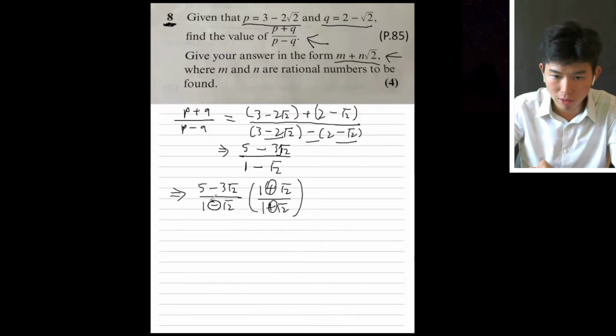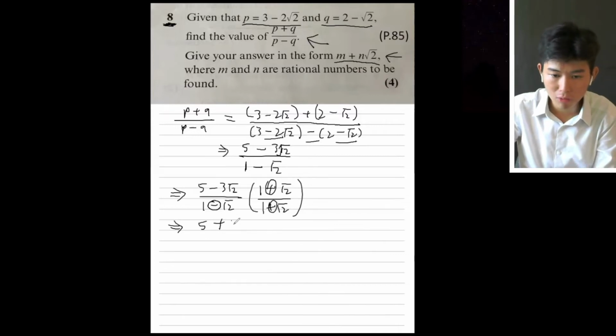positive, positive, and negative. Next step would be 5 times 1 would be 5, and 5 times root 2 would be 5 root 2, and minus 3 root 2 times 1 would be minus 3 root 2, and minus 3 root 2 times root 2 would be equal to minus 3 times 2, because root 2 times root 2 would be equal to 2.